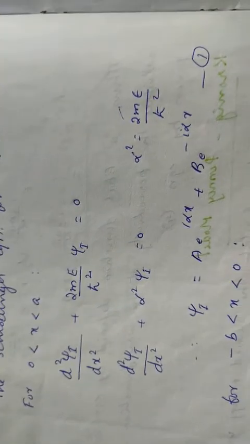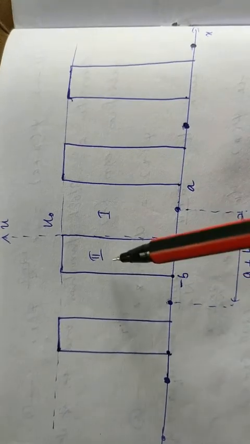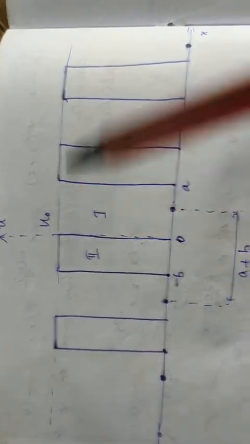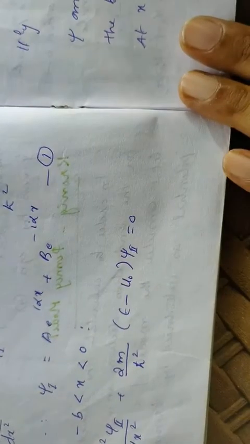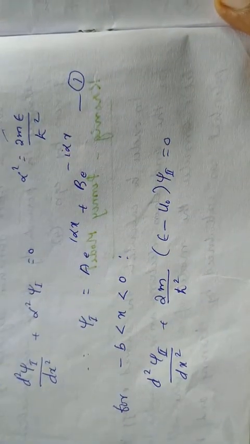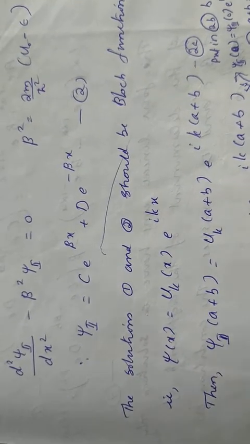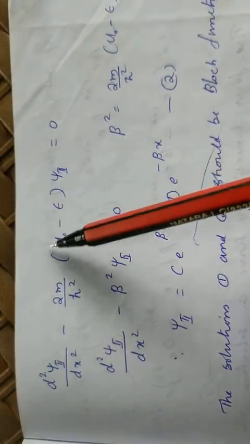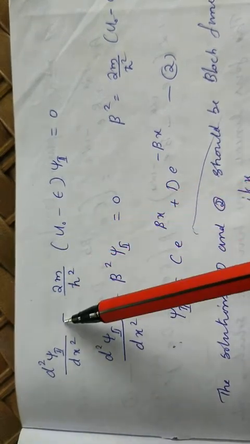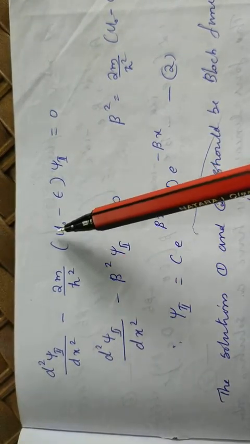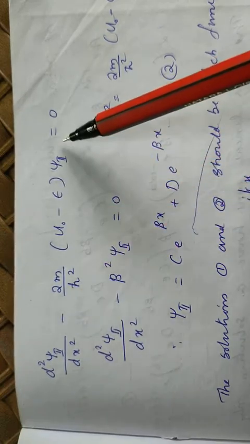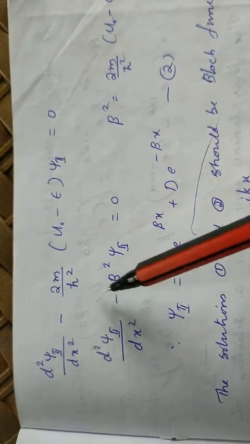Now for the region x in between minus b and 0, that is region 2, the potential is U0. So the Schrodinger equation will become d square psi 2 by dx square plus 2m by h cut square (E minus U0) psi 2 is equal to 0. Rearranging the terms, E minus U0 is written as U0 minus E, so a minus sign will come here.